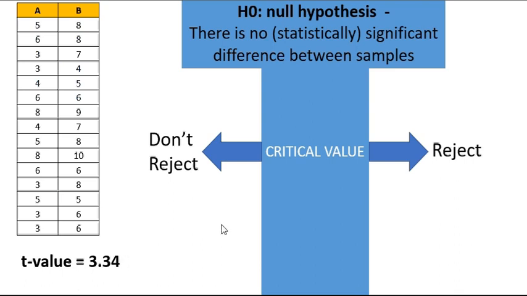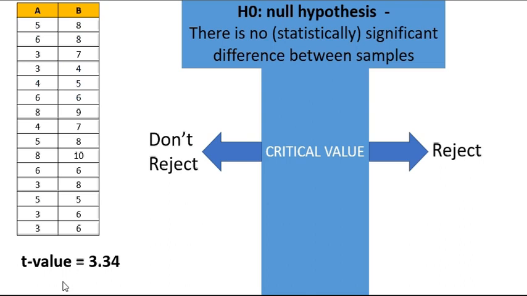The condition now is that if the t value is lower than the critical value, we don't reject the null hypothesis, meaning there is no statistically significant difference between samples. So I will repeat, if the t value is lower than the critical value, there is no statistically significant difference.